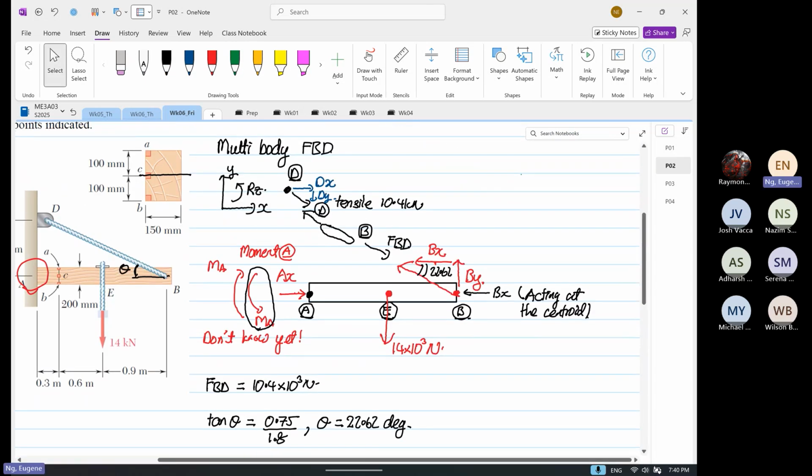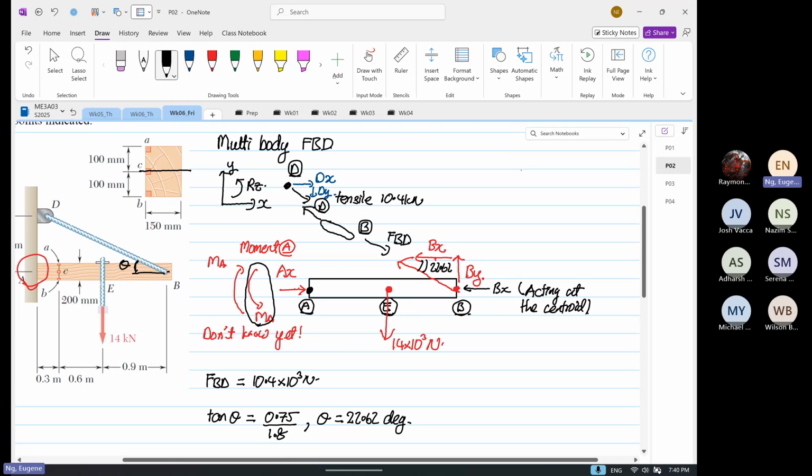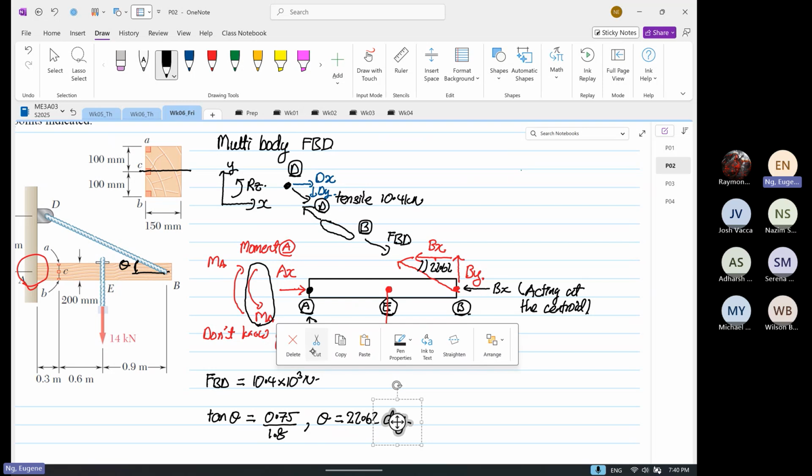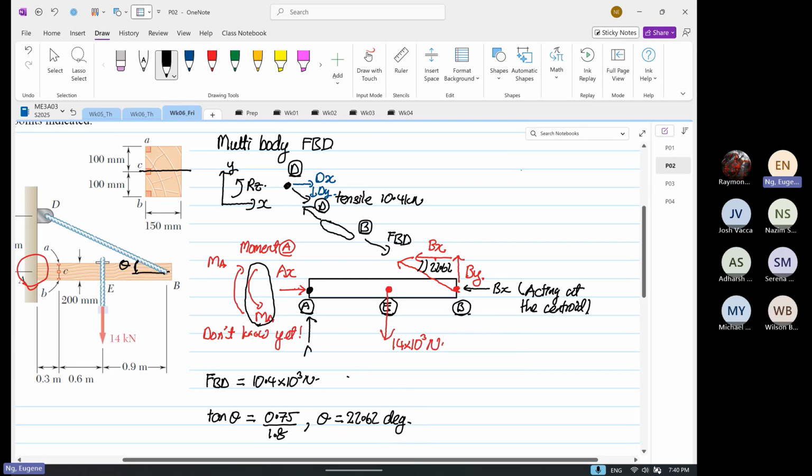So we have a load coming in at AX. Now we have another, I do apologize, I forgot this one. This is our AY. So for AY, you just need to focus on member A, E, and B. Now we are focusing on what is going on in A, B, and E. That's why we only take what is going on with BY, BX at point E, at point A, and with the moments.